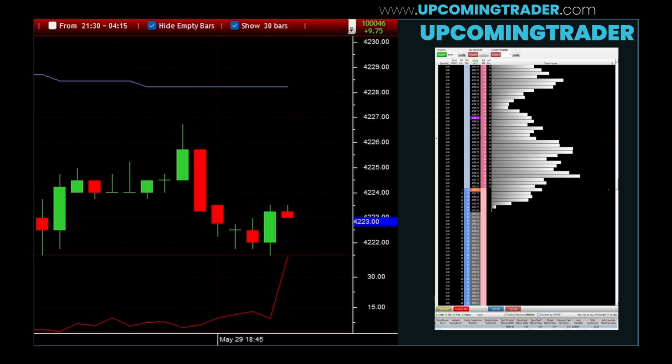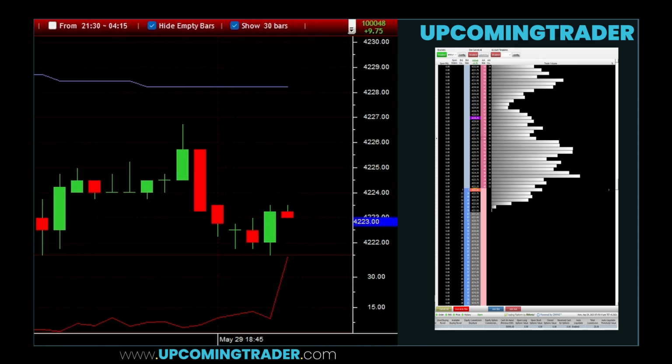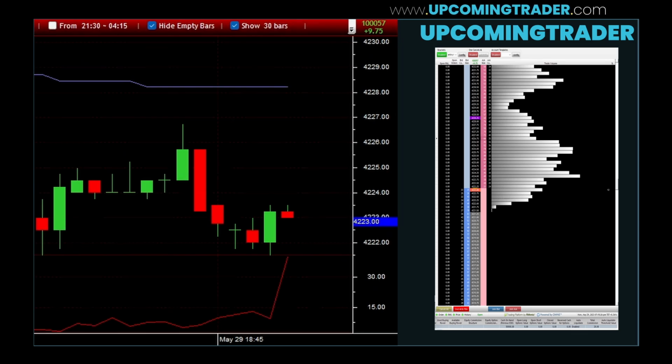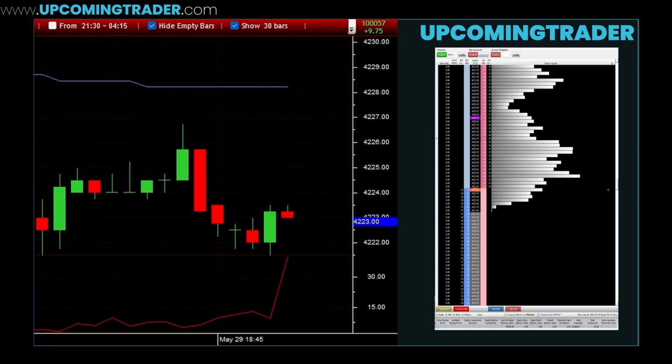Another notable pattern is the P-shaped or B-shaped profile, which gives clues about intraday trends. A P-shaped profile, for example, indicates that there was initial selling pressure followed by a phase of accumulation or buying. This pattern typically forms when there is a significant downward move early in the session, but buyers come in, and the market spends considerable time at higher levels, suggesting bullish sentiment.